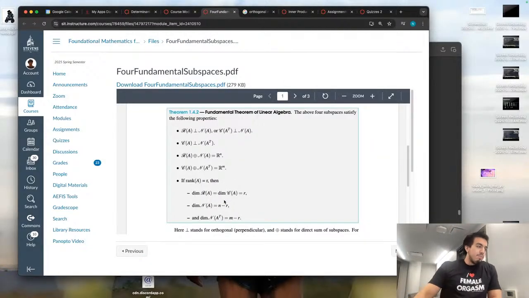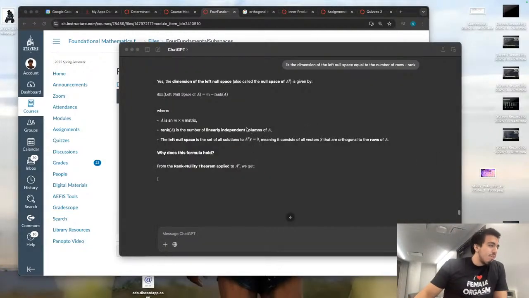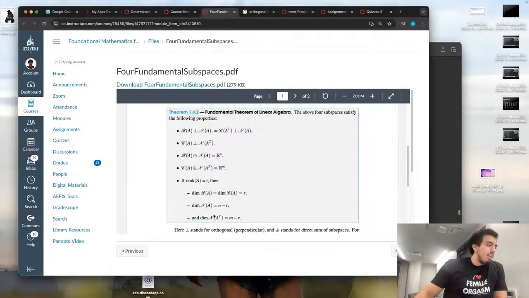Yeah. In this book, rows is n for some reason. Number of columns.